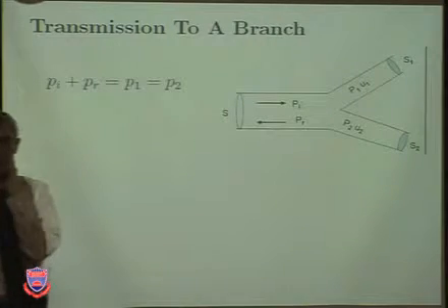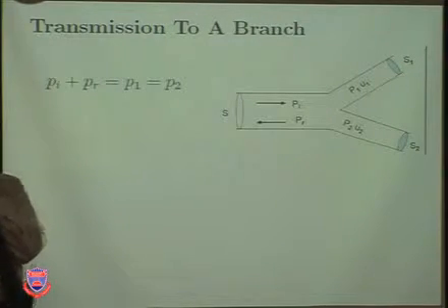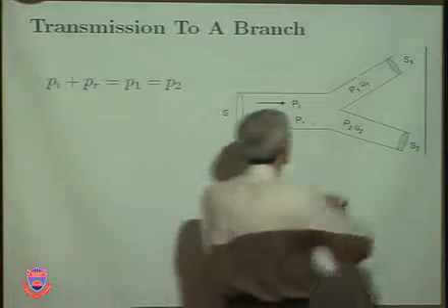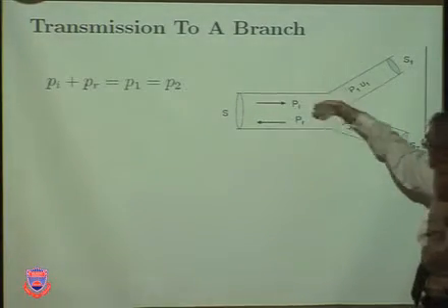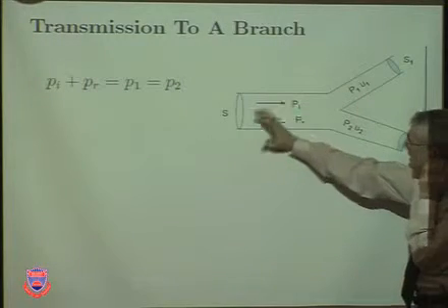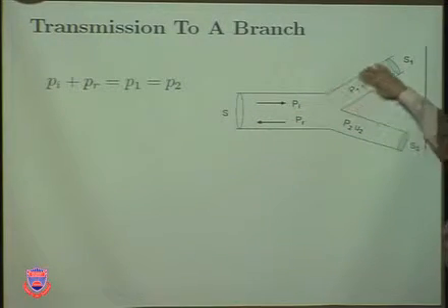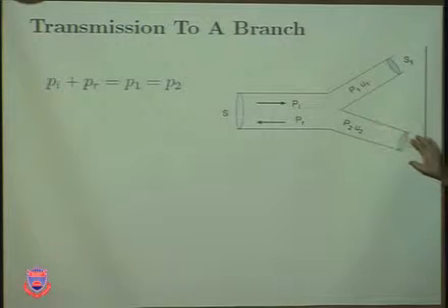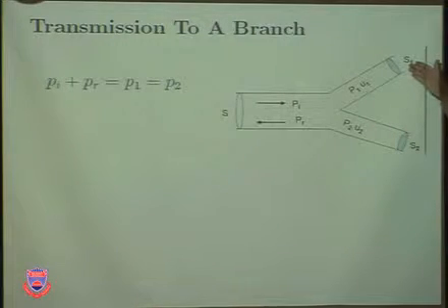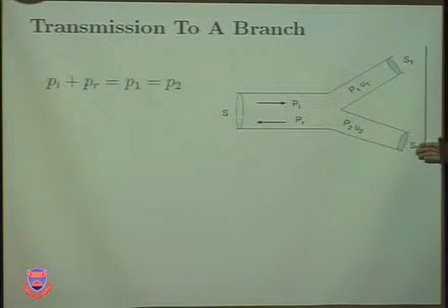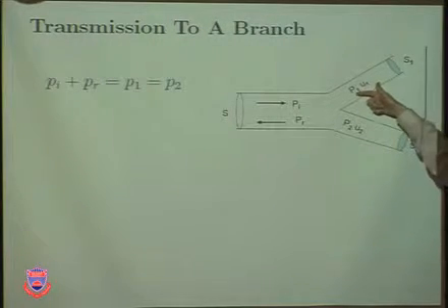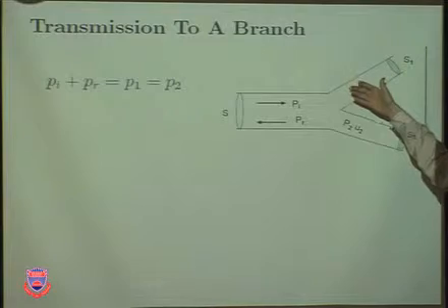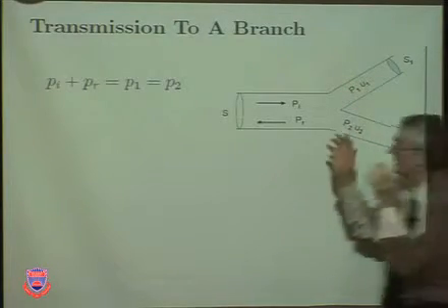Here is where the sound comes from, and the impedance changes, and some is reflected back. So we call this 1, and this is branch 2. Cross-sectional areas S1, S2, particle velocities, sound pressures P1, U1, P2, U2, and so on.